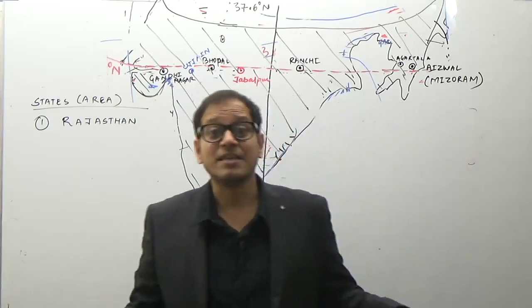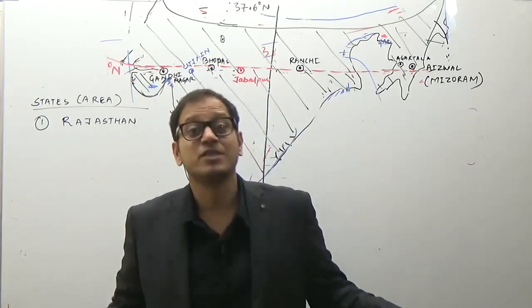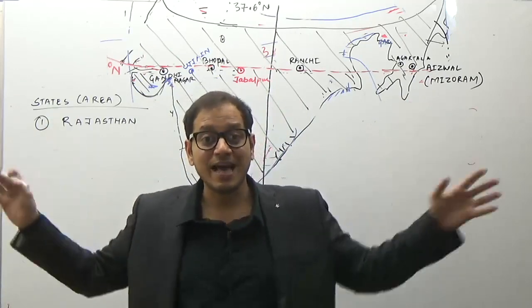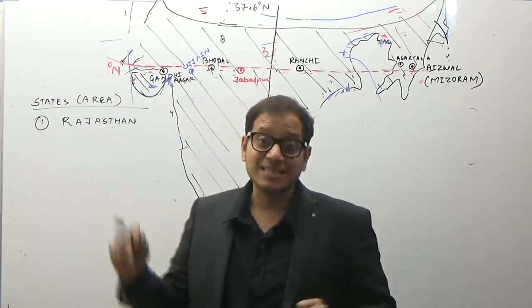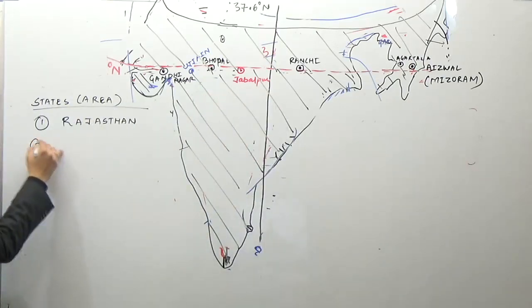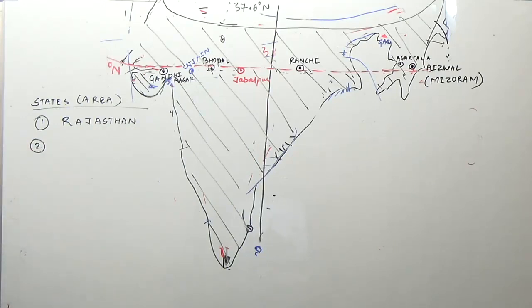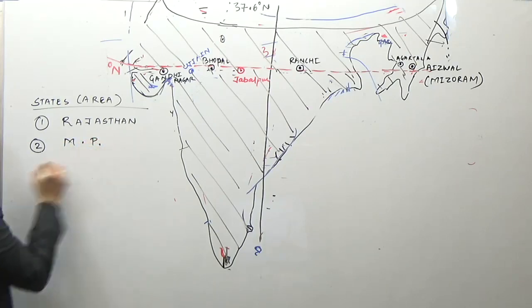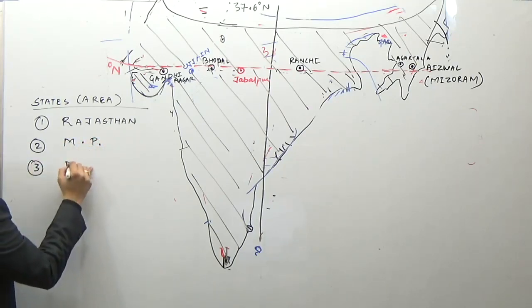Remember, Rajasthan is as big as Germany, which itself is a developed and powerful nation. After Rajasthan, the second biggest state in India is Madhya Pradesh. The third biggest is Maharashtra.